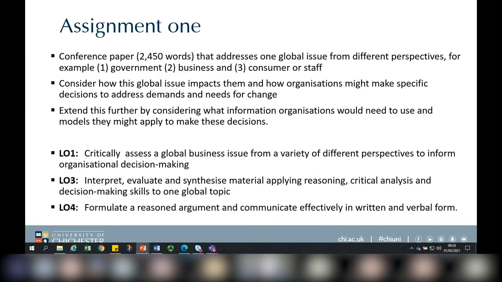And then we've got 4 learning outcomes. So you'll see learning outcome 4 is about reasoned argument and really clear and concise writing. Now, the reason for that is, you know, this is your last module. Next year, you're going to be out either working in a management role or applying for further study.